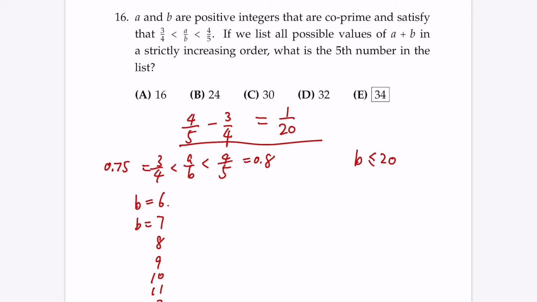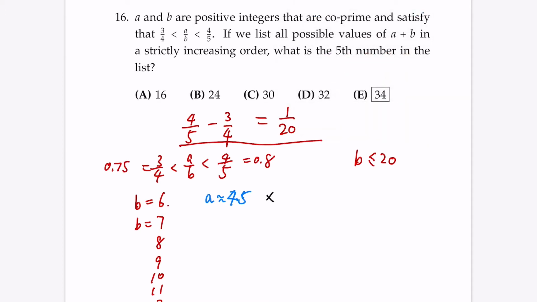It's not possible for B to be 6, because A should be somewhere close to 4.5. A equal to 4 is too small. A equal to 5 is too big. So that's not possible.